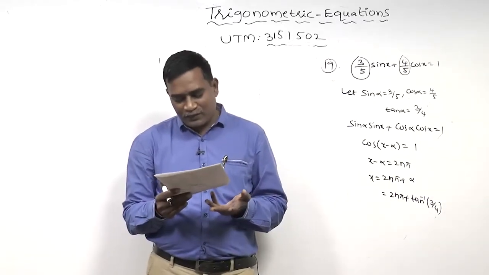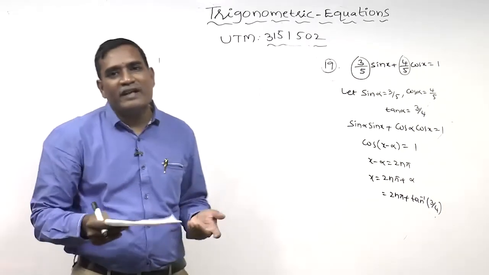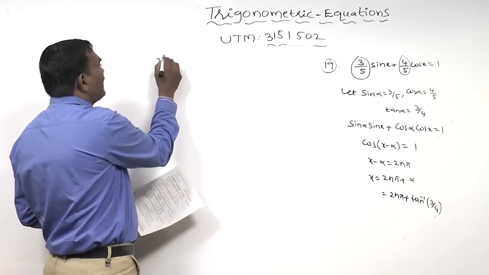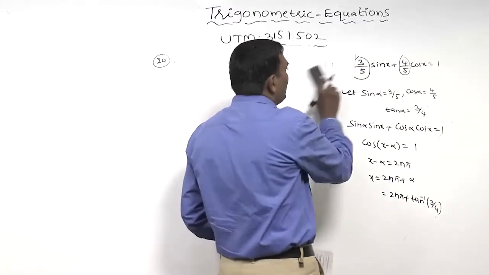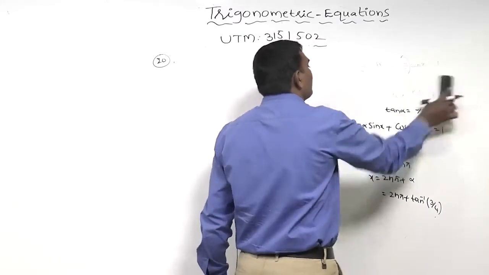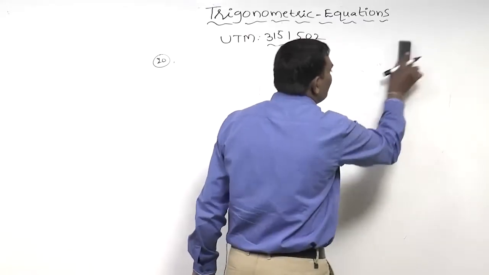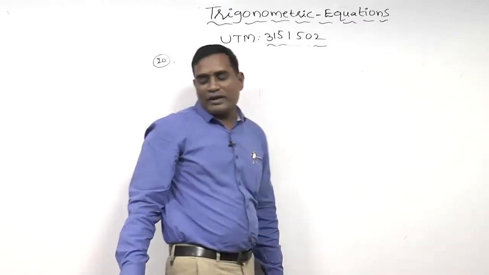So do one thing. Sine square theta, cos square theta is there, which means divide by cos square theta. Divide the total equation by cos square theta. Then you will get all terms in terms of tan.